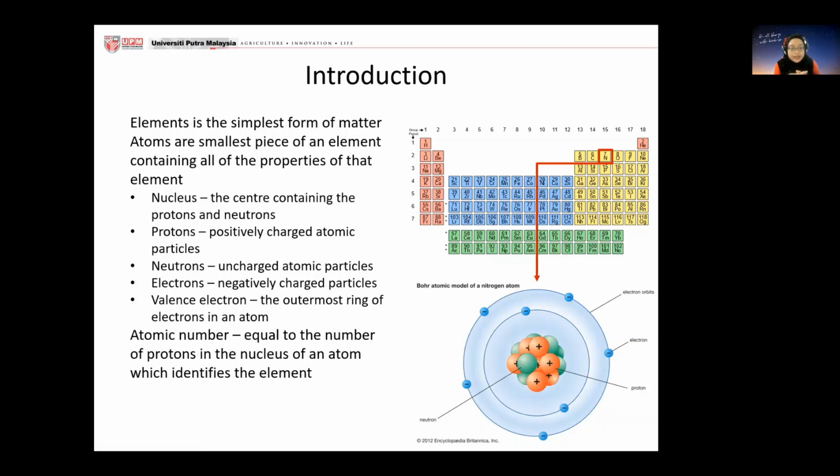FYI, just to put it out there, the Bohr atomic model is a very simplified version. If you look further, there's actually an updated one where the atom doesn't look like this, where the electrons are in the form of clouds, right?